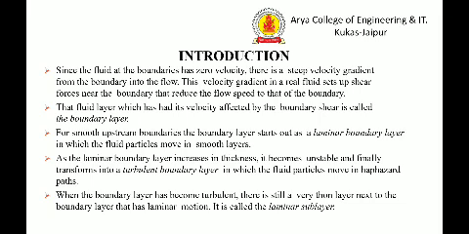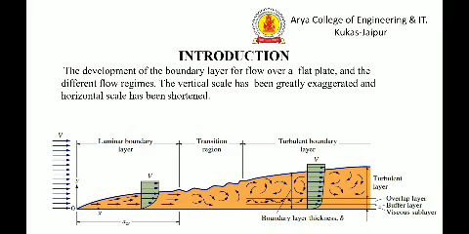For smooth upstream boundaries, the boundary layer starts out as a laminar boundary layer. As the laminar boundary layer increases in thickness, it becomes unstable and finally transforms into a turbulent boundary layer. When the boundary layer has become turbulent, there is still a very thin layer next to the boundary that has similar laminar motion. It is called the laminar sublayer.